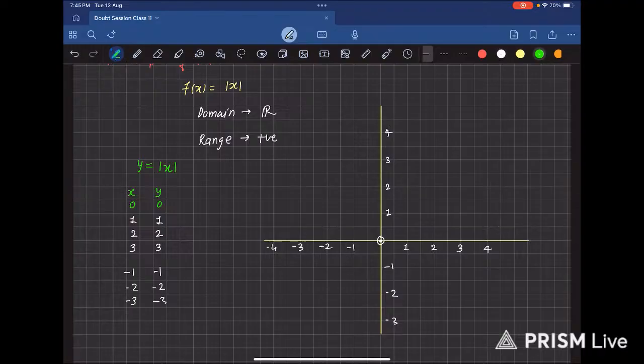Okay, 1 comma 1 will be here, 2 comma 2 will be here, 3 comma 3 will be here, 4 comma 4 will be here, but we have found only these values. So minus 1, minus 2, 2, minus 3 and 3. So if we join these points, then we get the graph for mod x.